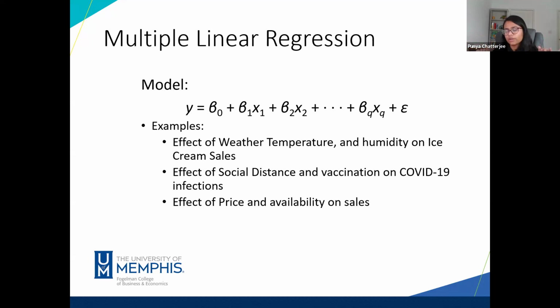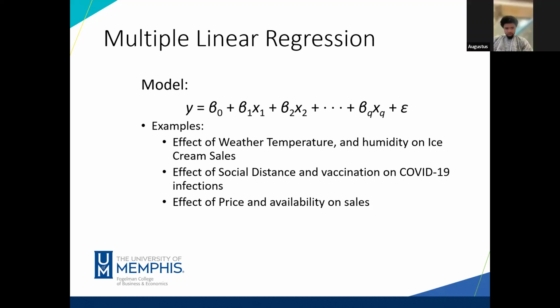All right, how about the second one? You want to understand the effect of social distancing and vaccination on COVID-19 infections. So what's going to be your dependent and what's going to be your independent variables? Anyone else?